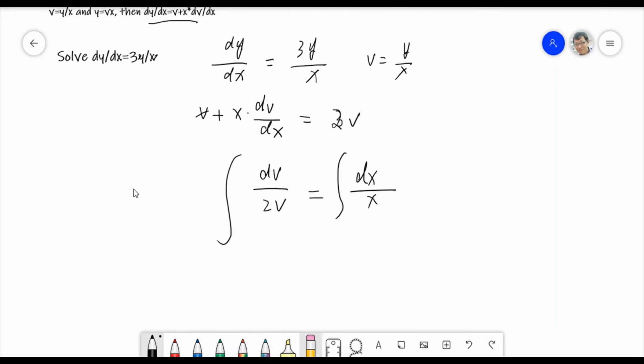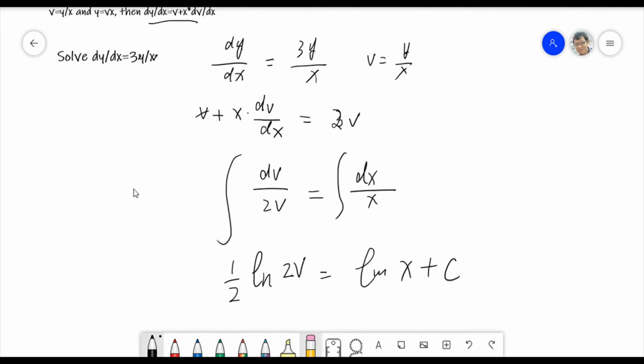So this will be ln 2v, of course, and this will be 1/2, yes, this will be 1/2, right? So equals ln x plus c.